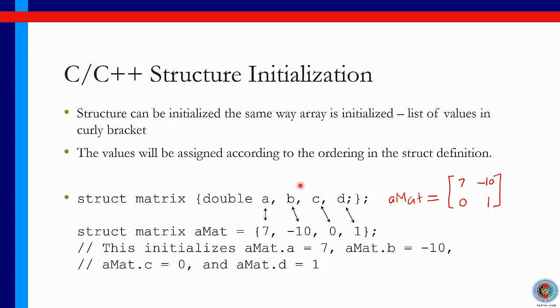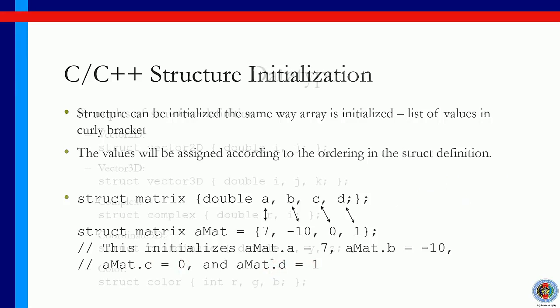So in this C initialization and declaration, this is what we want to represent in the abstract mathematical world. In the next slide, we will see that this means the member A of mat is given value of 7, B -10, C 0, and D is 1. We need to use the dot operator.